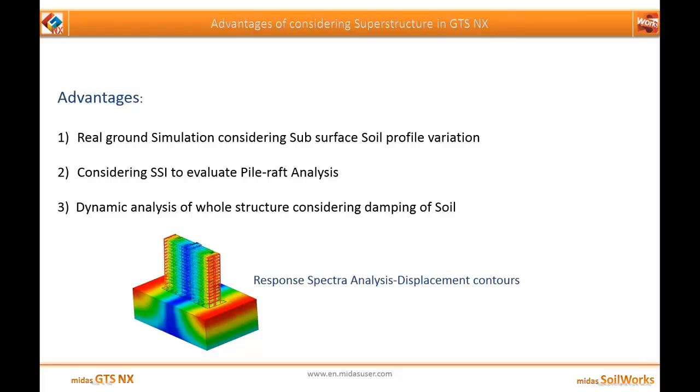Similarly, now you can consider the soil structure interaction to evaluate the pile raft analysis rather than going for spring stiffness. And finally, now you can perform the dynamic analysis of the whole structure considering the damping of soil. So you can see in the figure the response spectrum analysis for such kind of model, and these are basically showing the displacement contours in a particular direction.